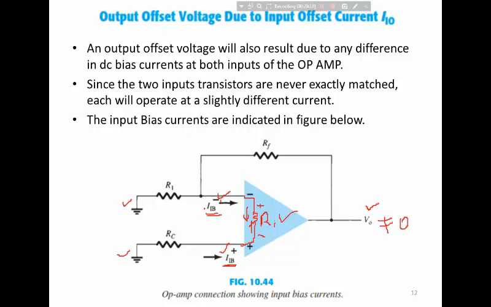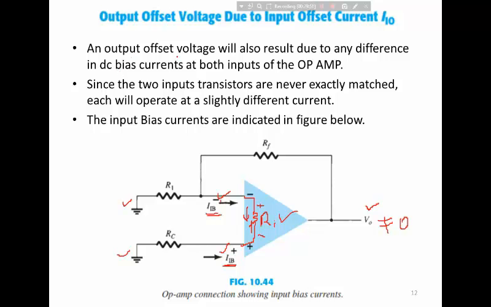So these are the input bias currents that are established at the input terminals of the op-amp. Because of these input bias currents and the voltage produced due to them, the output of the op-amp will be some value other than zero.